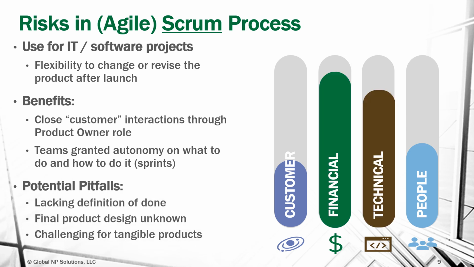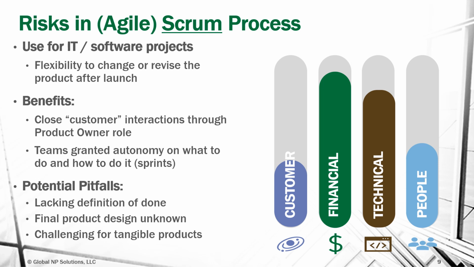The pitfalls with Scrum processes, especially for projects that involve product work that is both hardware and software oriented, is that there's a lack of definition of done. So the search for perfection becomes too heavy to complete a project in a very quick time period.